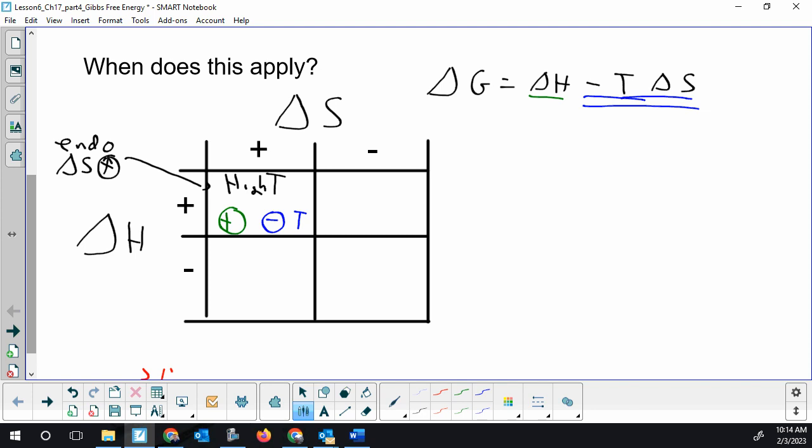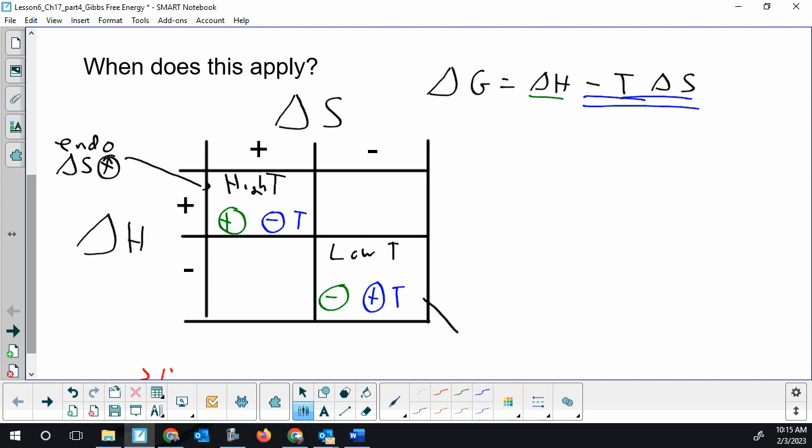Going catty-cornered, we have our low temperature box in order for it to be exergonic. This is where the enthalpy is negative, the delta H is negative, but the minus T delta S, that whole term, is positive. So we want to minimize the blue now. So we want low temperatures to minimize the blue.